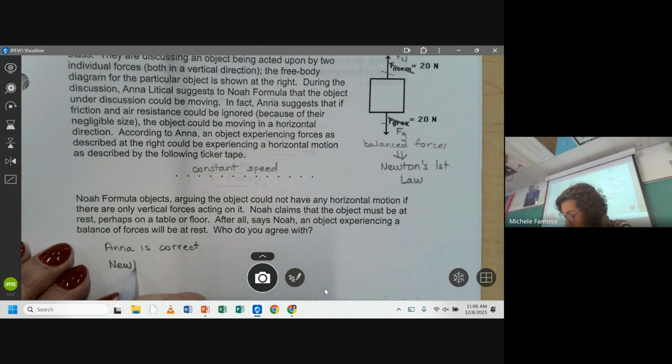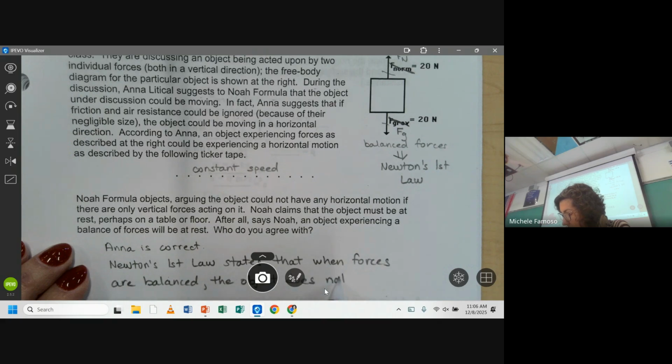because Newton's first law states that when forces are balanced, the object does not accelerate, meaning it's either at rest or it has a constant velocity.